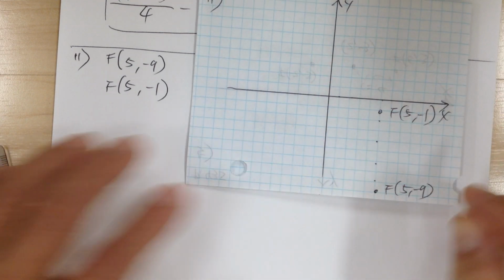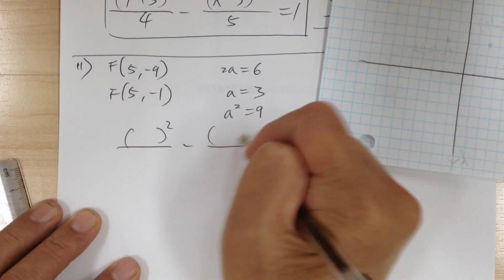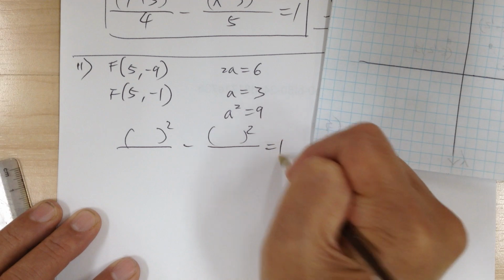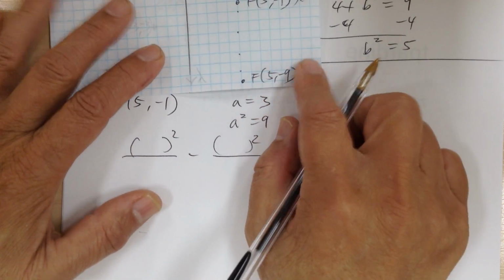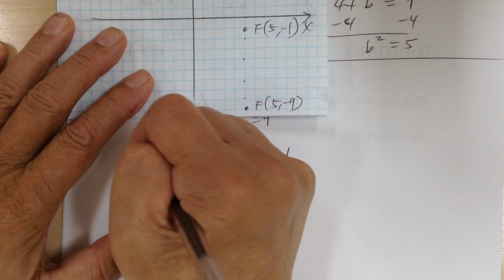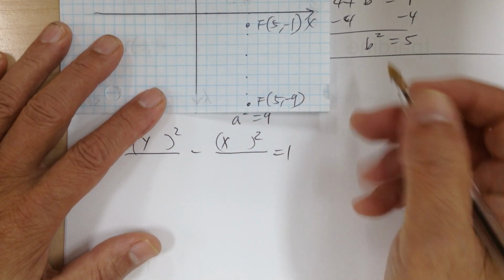Okay, so again, this is going to be in the y direction. So get your template ready. So since this is going to be in the y direction, put a y first, and so x will go over here.